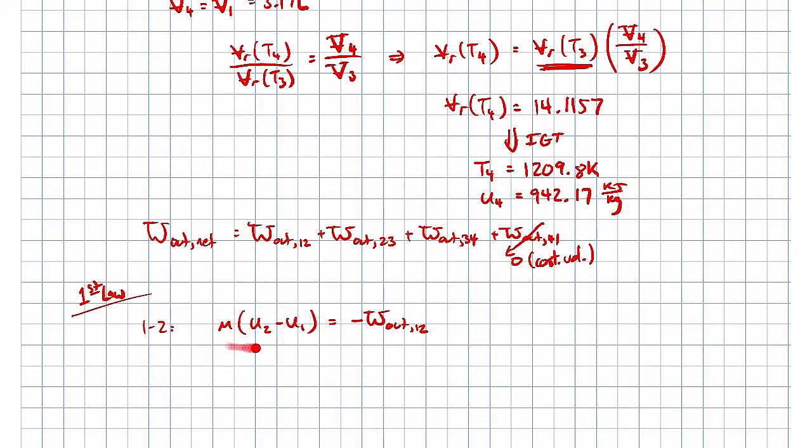Changes in kinetic and potential energy are negligible, so we only have changes in the internal energy. From 1 to 2, that's an adiabatic process, so there is no heat transfer on the right-hand side. And here's, of course, our work term. We just looked up values for the specific internal energies. We already calculated the mass of the air, so we can solve for the work out from 1 to 2. When you plug those numbers in, that comes out to be minus 1.6394 kilojoules. Let me do the same thing for 3 to 4 now.